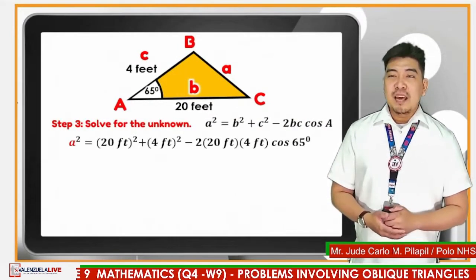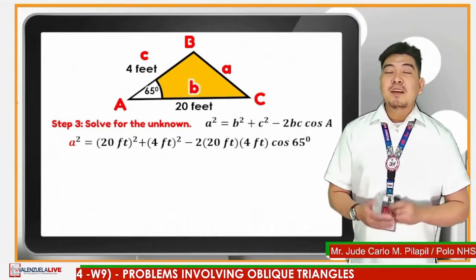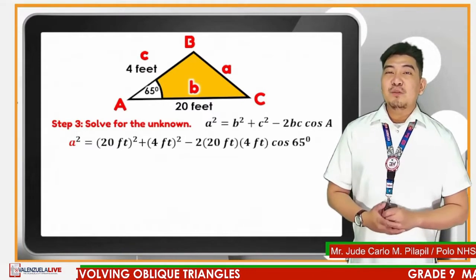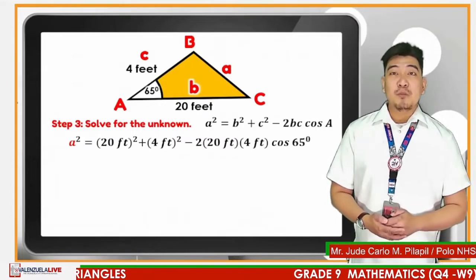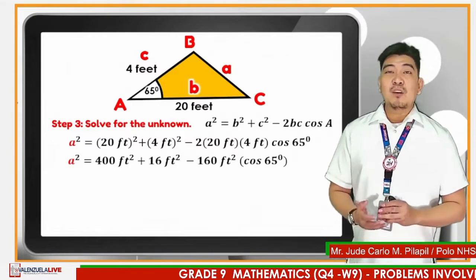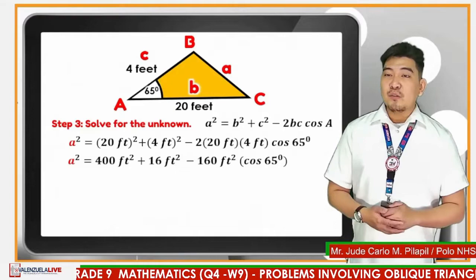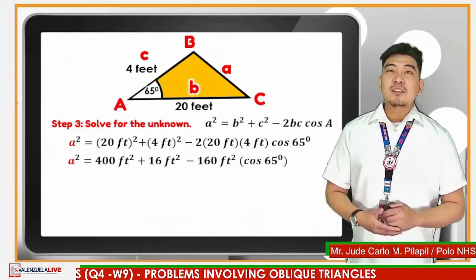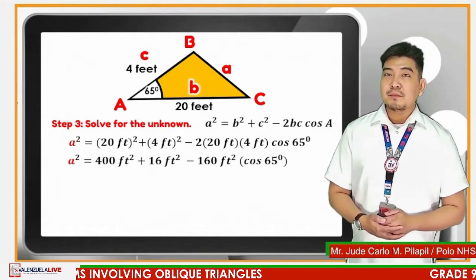That's why we obtained a squared is equal to the square of 20 feet plus the square of 4 feet minus 2 times 20 feet times 4 feet times cosine 65 degrees. Simplifying this further, we now have the equation a squared is equal to 400 square feet plus 16 square feet minus 160 square feet times cosine 65 degrees.